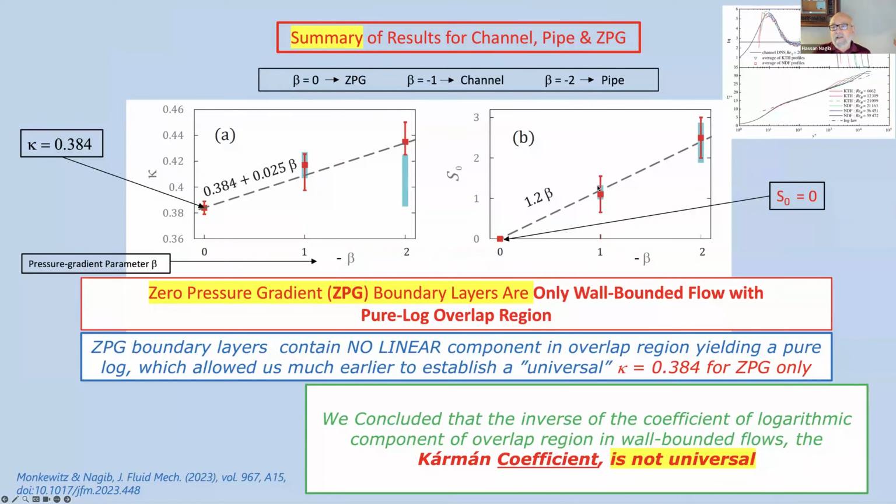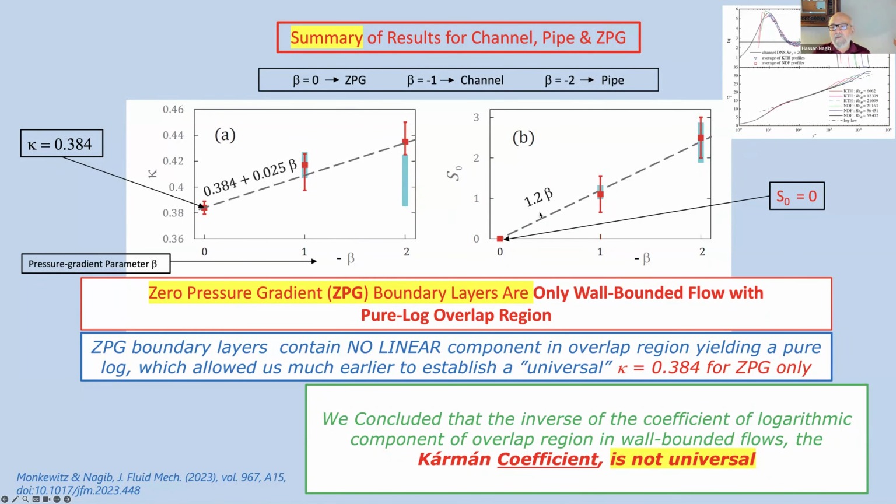You can see there are two types of data in here. Actually, I'm sorry, the red are the experiments, and the blue are the DNS. The channel DNS has had a lot of issues. I'll come back to it in my talk.